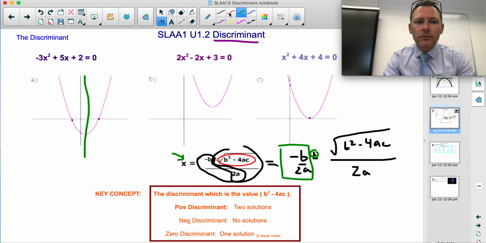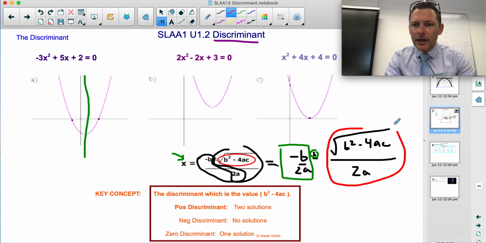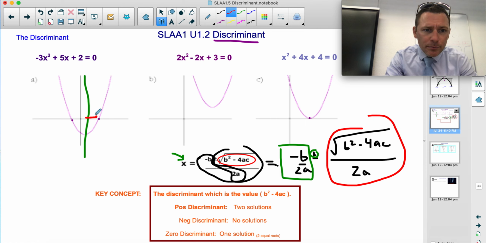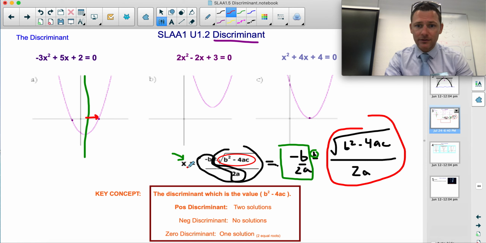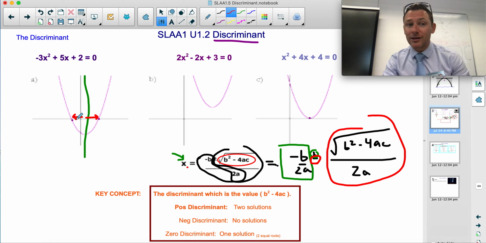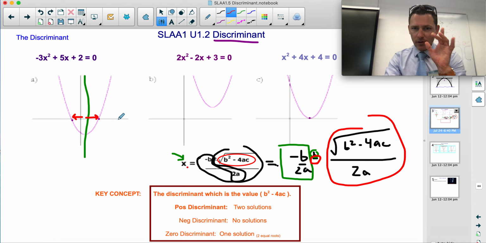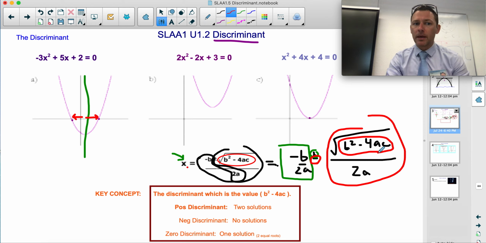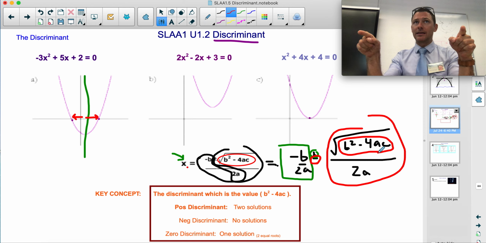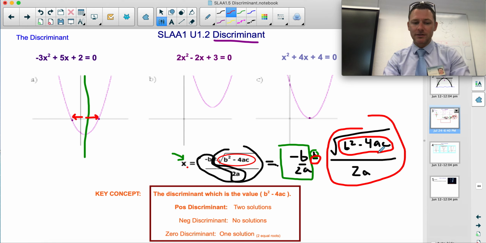Let's call this red. We go this way a little bit of a distance. Zip, and you get one of your X's. And if you go the same amount but in the backwards direction, zoop, you get the other intercept. So, if you know this is some positive number, it means you're going a positive direction to find the X intercepts, that means there are X intercepts.